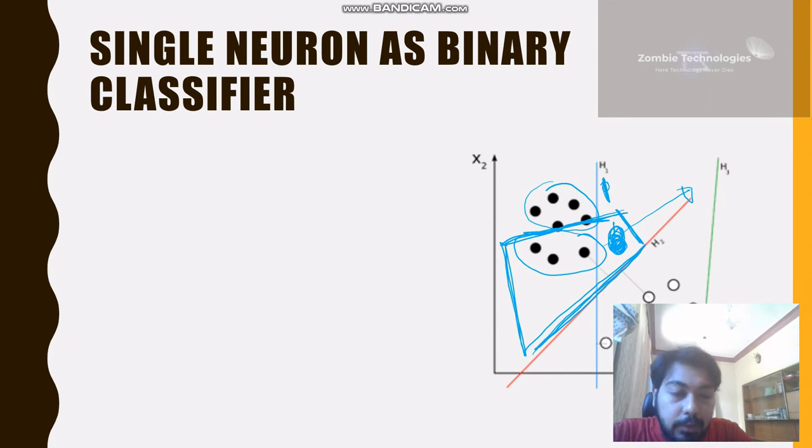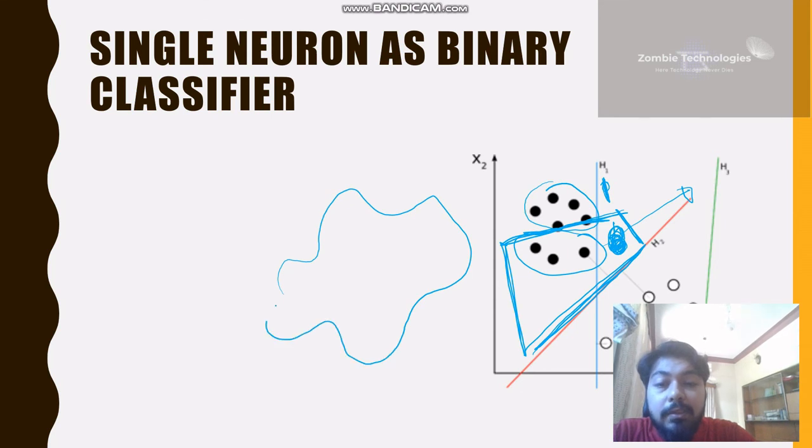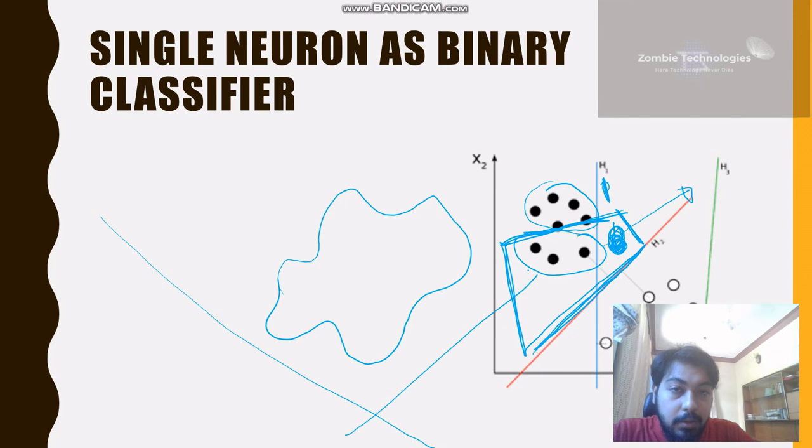Using multiple neurons, looking at it, we can assume that if multiple neurons are connected together to form a neural network, then using the neural network we can create any complex classifier in any dimension. This can be concluded from this statement.